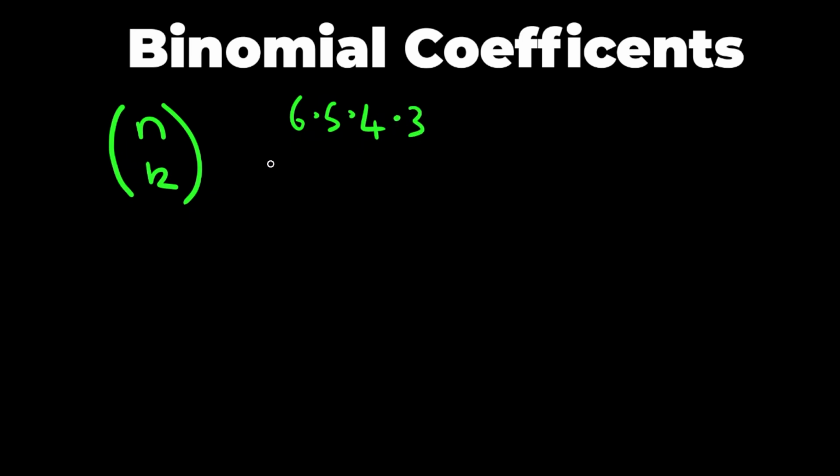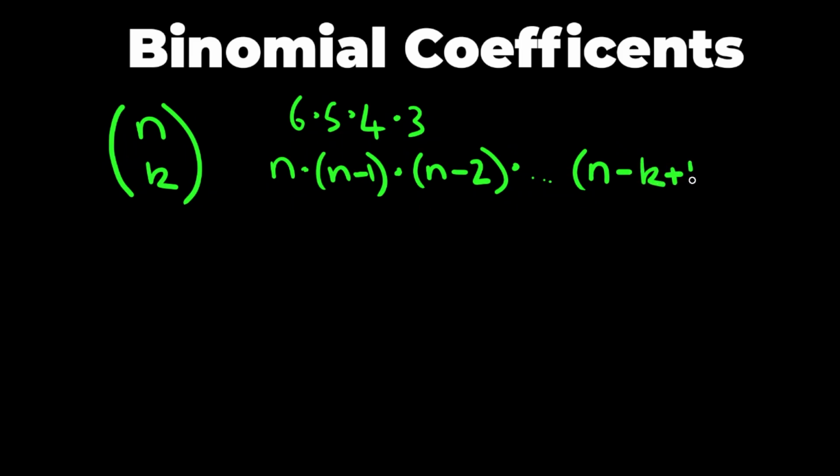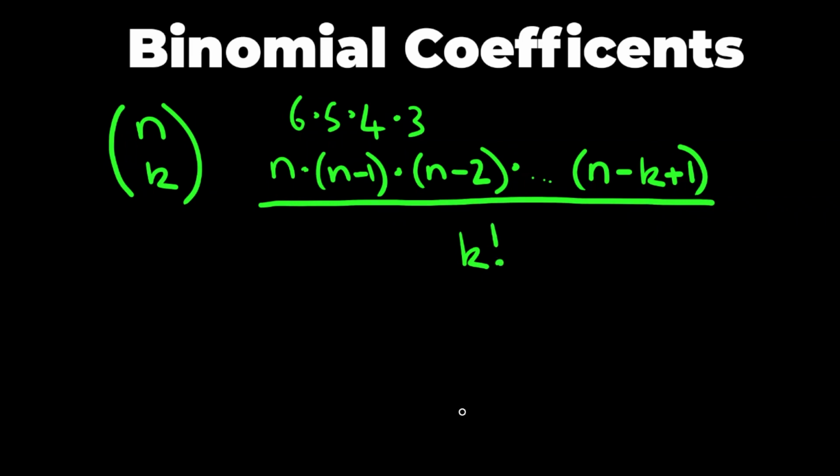So we've got n times n minus 1 times n minus 2 times dot dot dot, which means we continue the sequence to n minus k plus 1. And then all of that was divided by k factorial, so we don't overcount the sequences we can get and stick to just the groups.